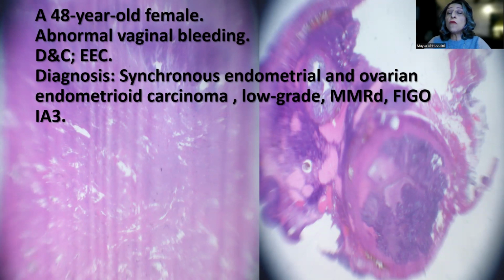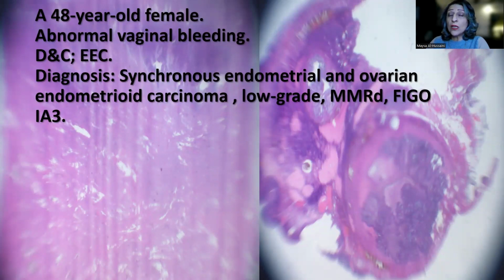There should be no involvement of the cervix. It's important the tumor should be confined to the endometrium and the superficial myometrium. Now, the ovarian tumor, on the other hand, should also be a low-grade endometrioid carcinoma and should not show evidence of rupture or surface involvement of the ovary by tumor, and there should be no evidence of lymphovascular invasion.